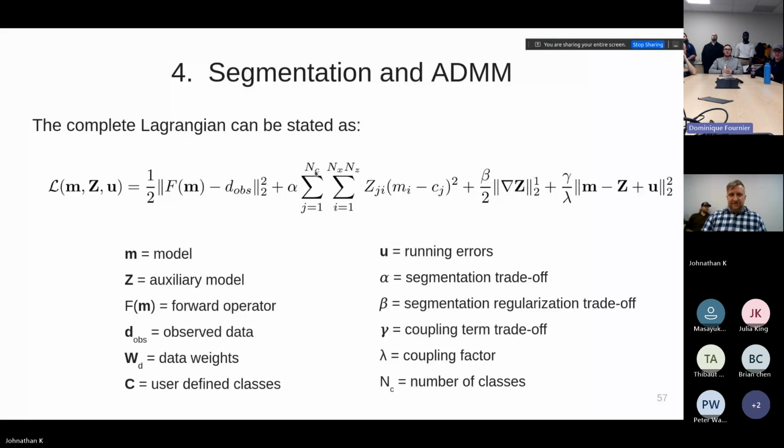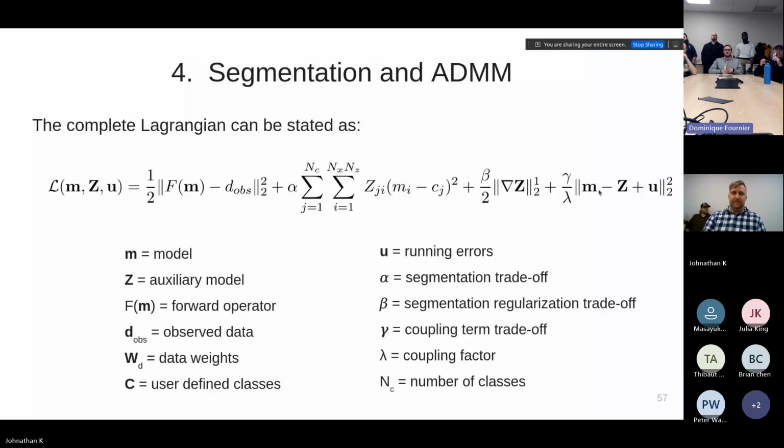And NC is the number of classes. This is something that we initiate in the beginning, and that's what our segmentation is built off of. And then some more coupling terms. Just to note that these classes are all user defined. This is not an automated thing right now.